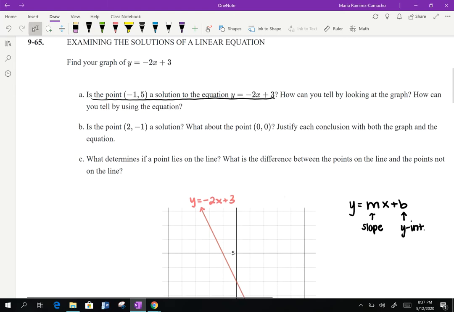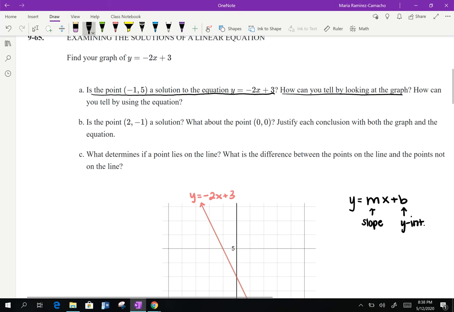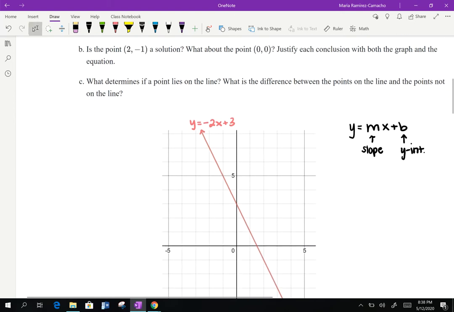Well, how can you tell by looking at the graph? Let's see if this point, negative 1, 5, falls on the graph of y equals negative 2x plus 3. Meaning, does negative 1, 5 fall on the line? Let's see. Negative 1, 5 is here. And yes, it does fall on the line, meaning that it is a solution to this equation.